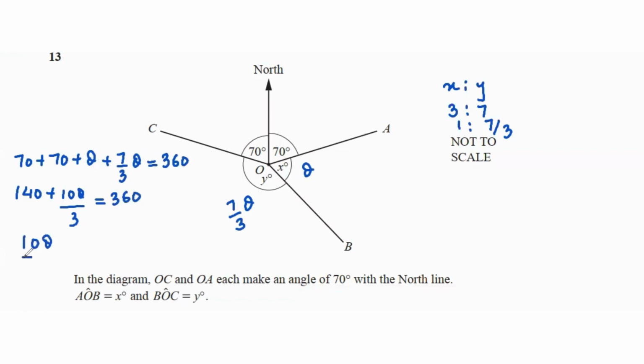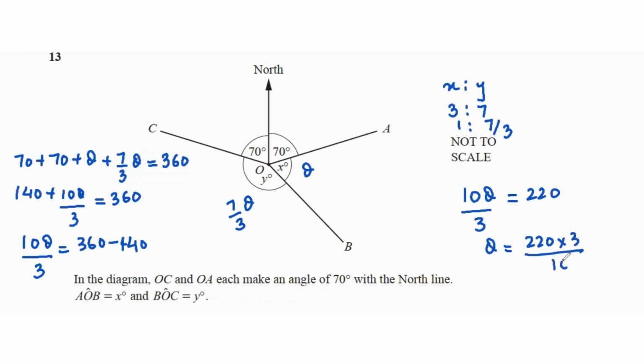So 10 theta over 3 equals 360 minus 140, which is basically 10 theta over 3 equals 220. And that's going to be theta equals 220 times 3 over 10, which is 66, which shows that X is 66 and Y is going to be 7/3 of 66, which is basically 154. So that's your answer.